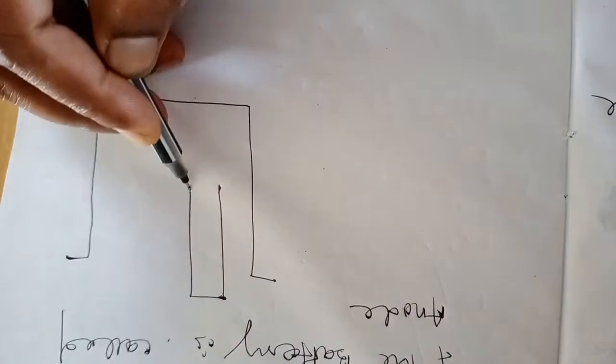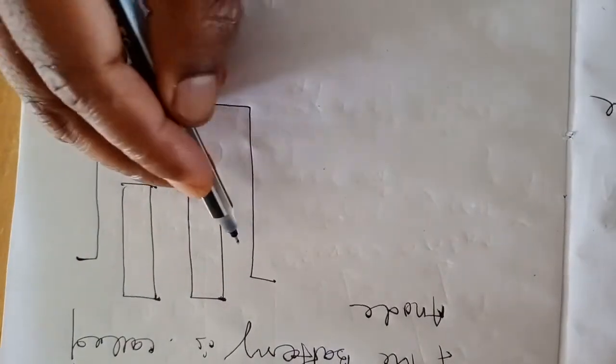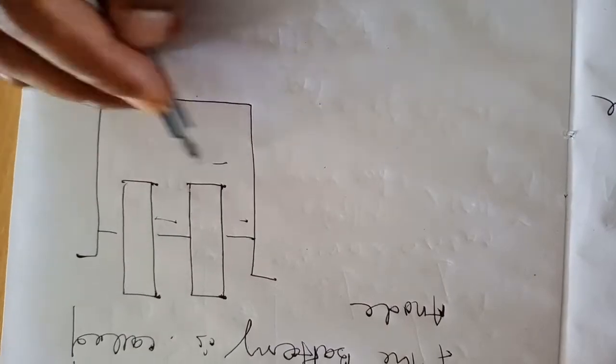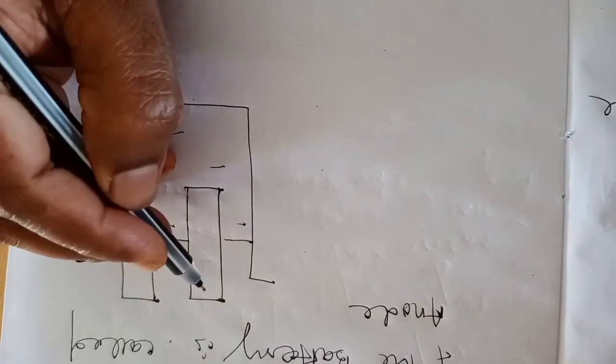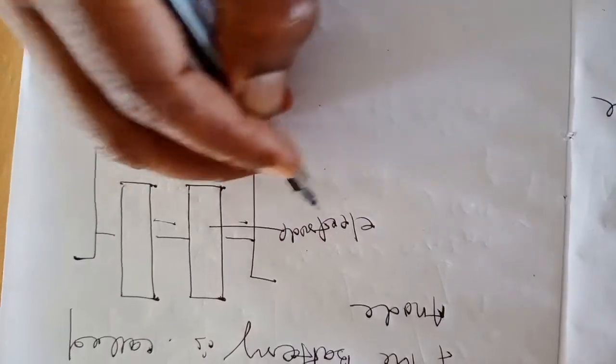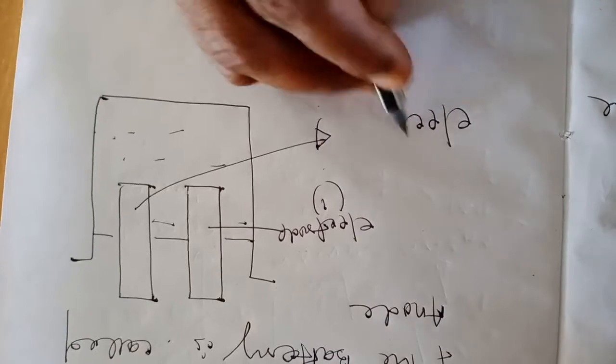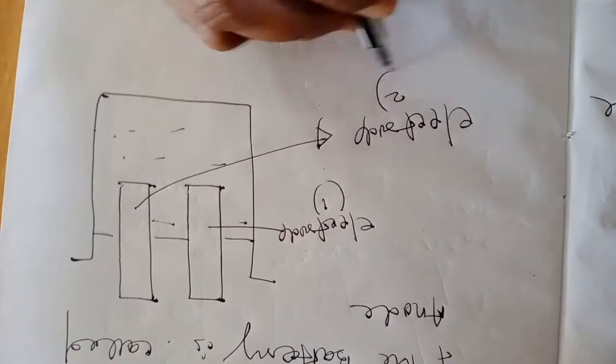Suppose this is an electrolytic tank. Here two electrodes are there. Suppose the electrolytic tank has electrolytes. Suppose this is electrode 1, and this is electrode 2.